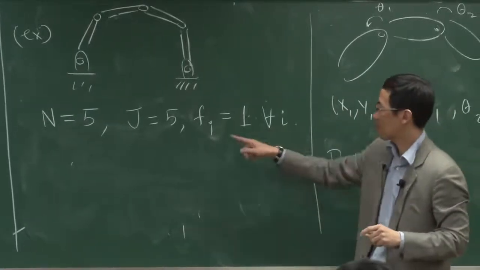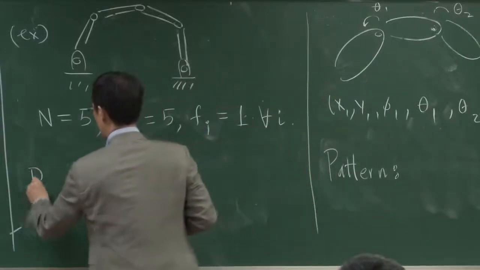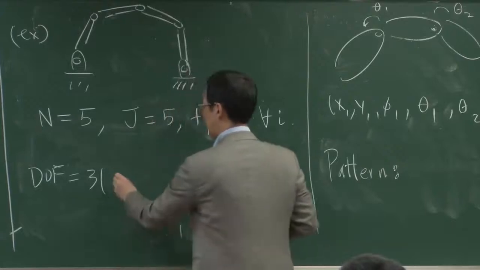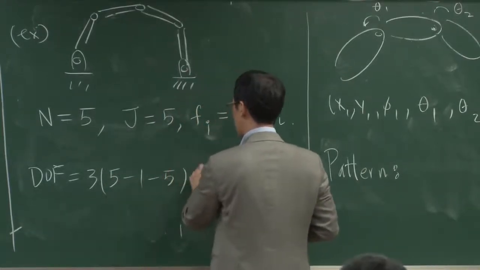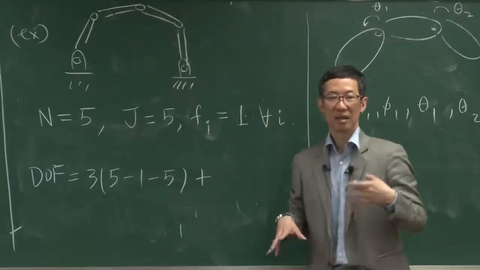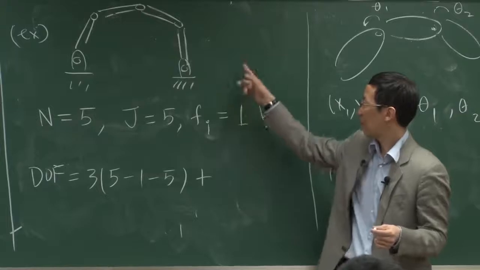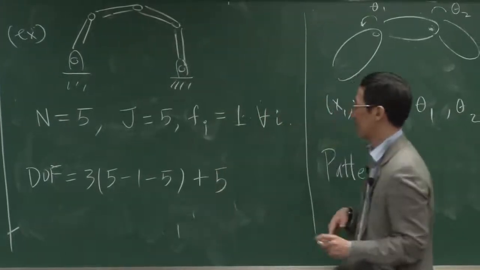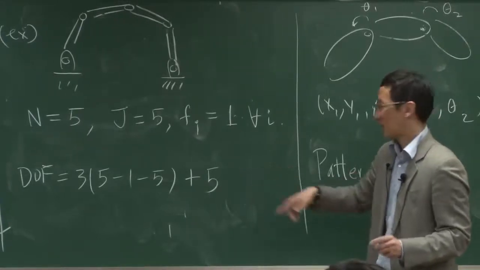Now let's plug these numbers into our formula. So DOF equals 3 times n, 5, minus 1, minus j, 5, plus the sum of all the joint degrees of freedom. So we have 5 1 degree of freedom joints. So this is plus 5. So you can do the calculation.